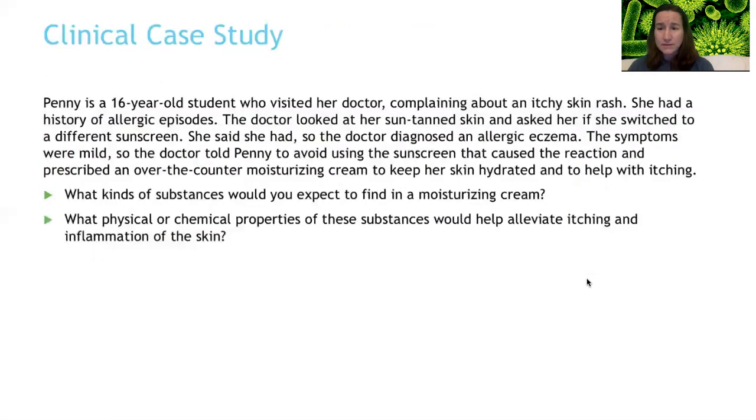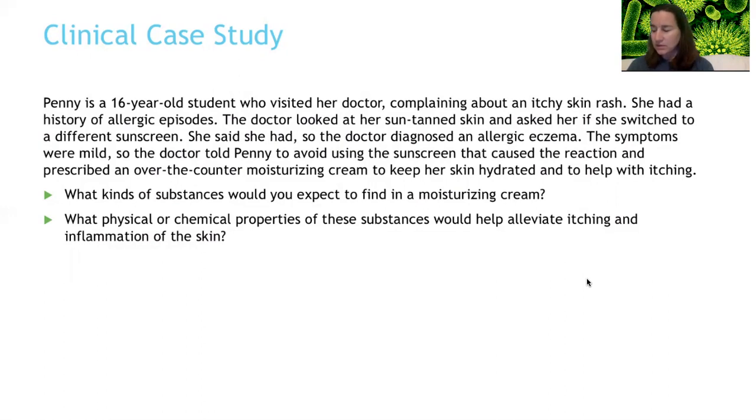All right, so our case study leading off for this chapter is Penny. She is 16. She went to her doctor about an itchy rash, and she does have a history of allergies. The doctor saw that she had suntan lines and asked if she used a different sunscreen, something out of her norm. She said that she did use a different sunscreen.